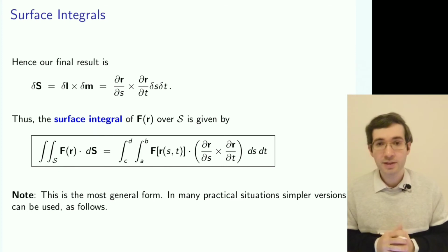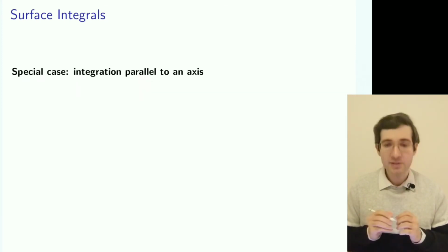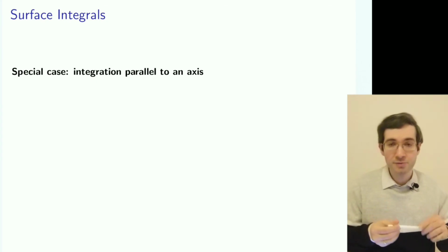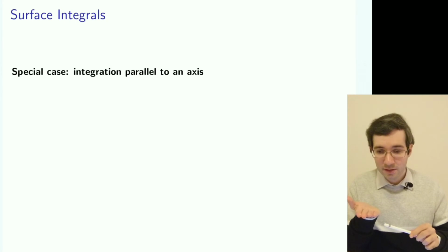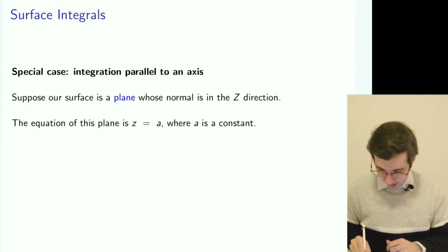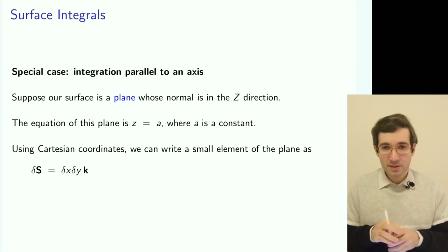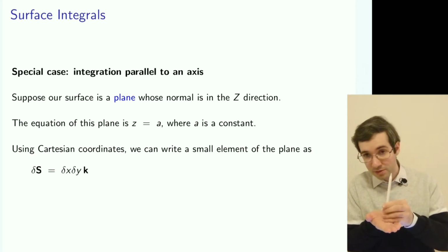This is the most generic form, and there are cases where it looks simpler. So let's look at a case where we have a simpler way to define the surface integral. That is the case where we integrate parallel to a particular axis. Let's say we fix the z coordinate, so we have a fixed z plane. In this case, every surface element will have orientation looking upwards in the z direction.